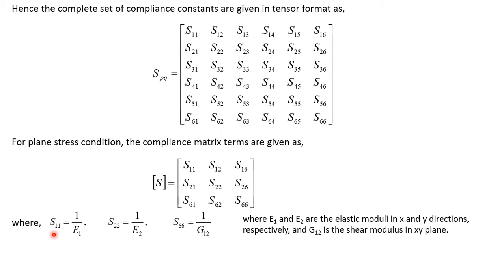And here we can find the compliance constant S11 equal to 1 over E1. So this is the Young's modulus in the direction X. Similarly, Young's modulus in direction Y, and this is the shear modulus on the plane 1, 2. Similarly, other relations can also be written down here.